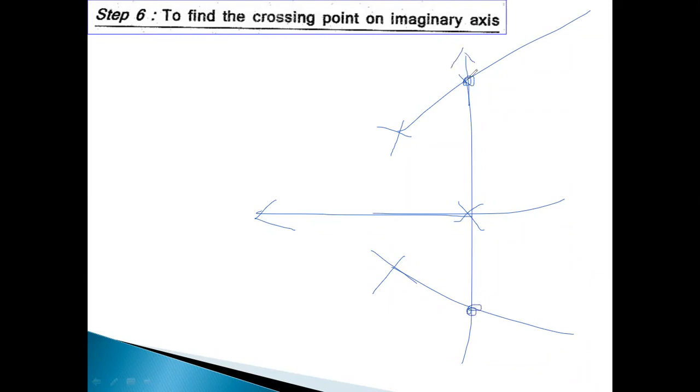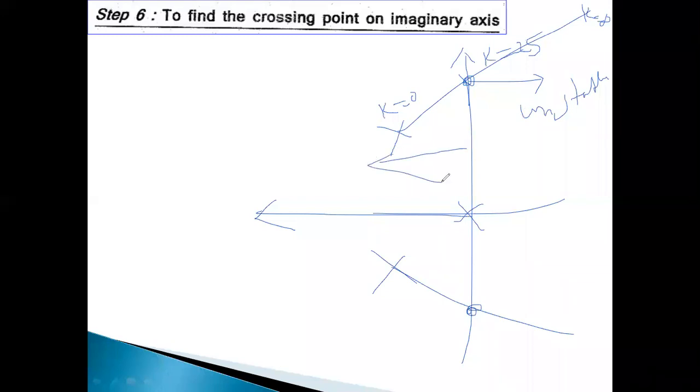So K goes from 0 to infinity. At some value of K, maybe 20 or 25 or 100, the locus of roots crosses the imaginary axis, which means an unstable system. After it crosses, the system becomes unstable; before that, the system is stable.